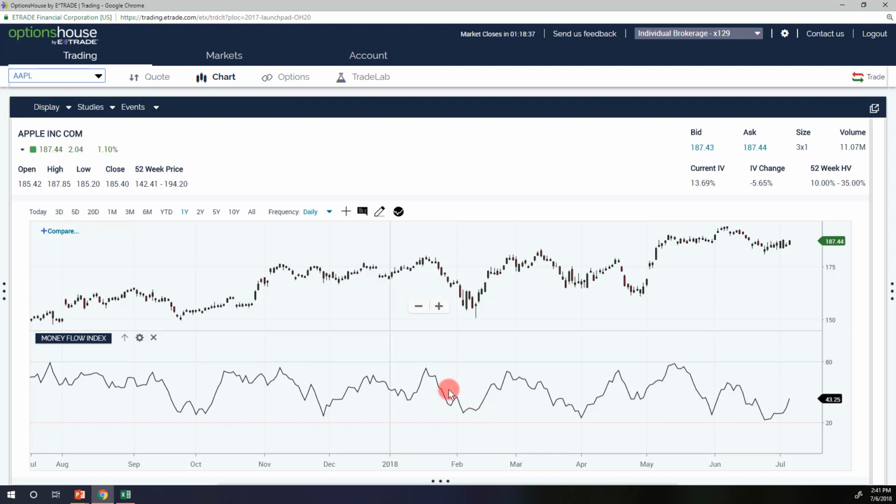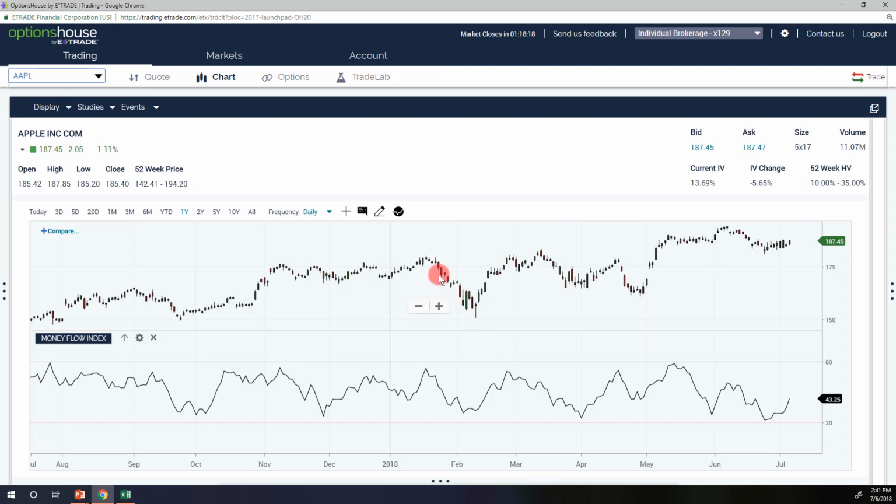And what happens there, I don't really see any good examples on this chart, but let's say that we have a period of time where the stock makes a higher high, but the MFI indicator makes a lower high. Didn't quite keep up with it. That's a divergence. That would also be a bearish sign.